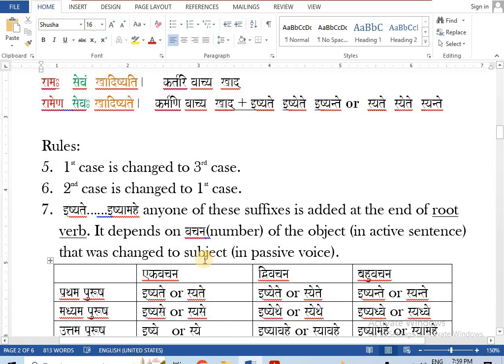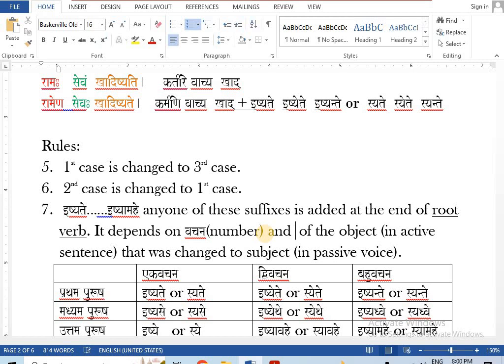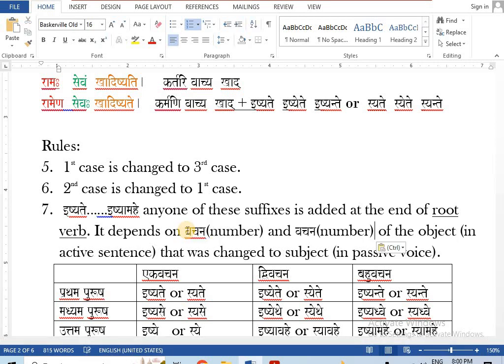Out of these 9 suffixes, any one of these suffixes is added at the end of the root verb, and it depends on vachan means number, and one more thing I should put here, purusha. Purusha means person.